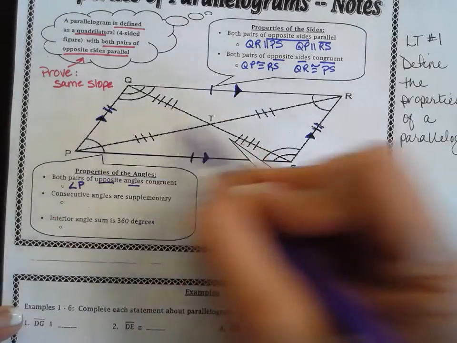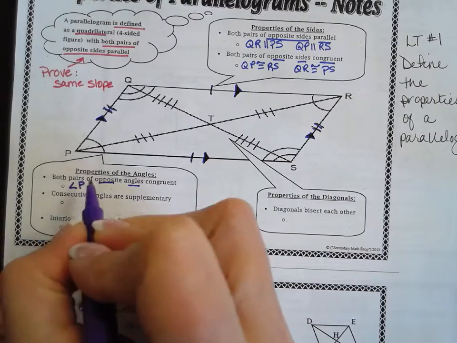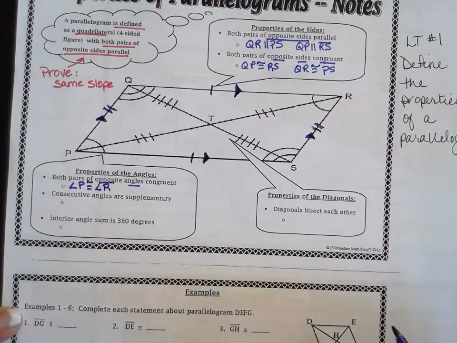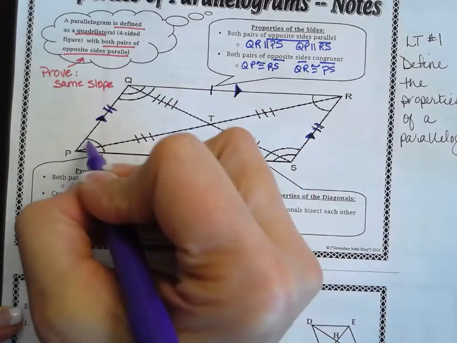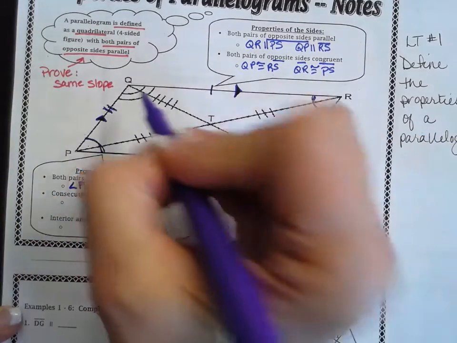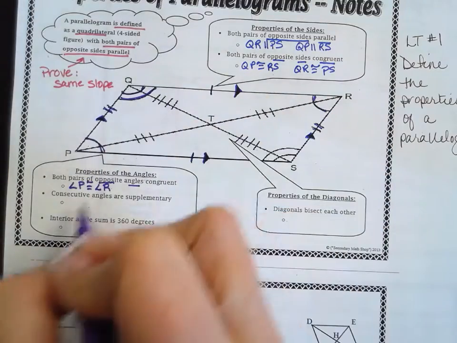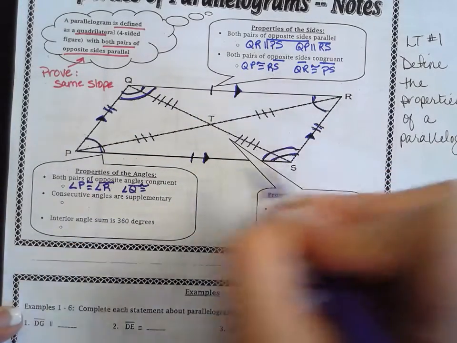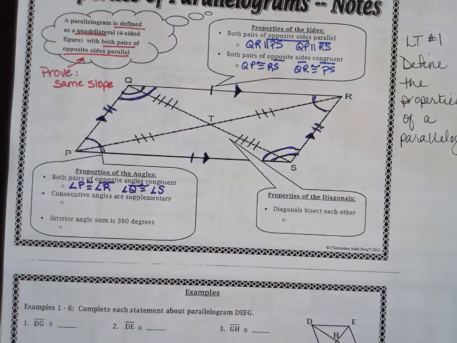Angle R, because it's on the other side. So that means angle P is going to be congruent to angle R. And then that means angle Q is going to be congruent to angle S.